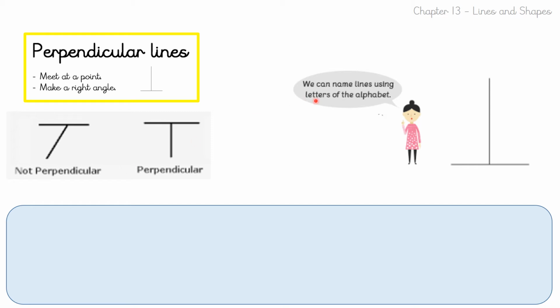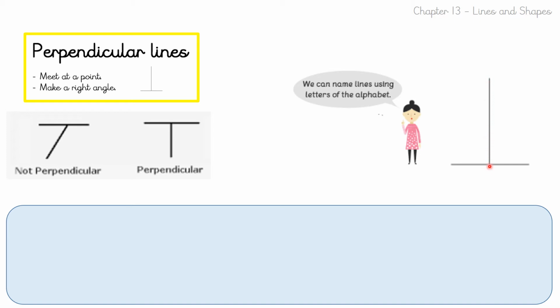Now, we can name lines using letters of the alphabet. So we could call this line A to B. So this is line AB. And then we can call this line CD. So we have line AB is perpendicular to line CD, or line CD is perpendicular to line AB.